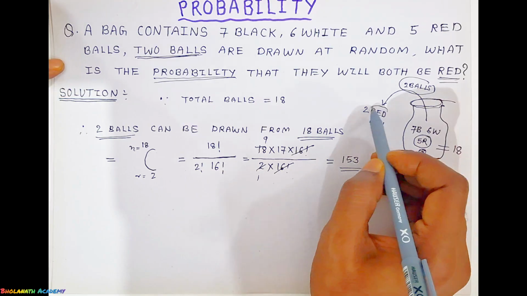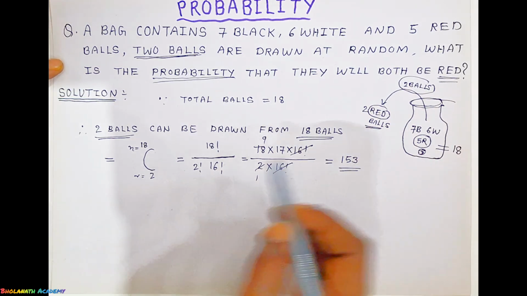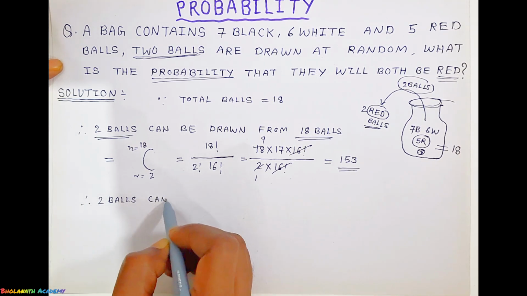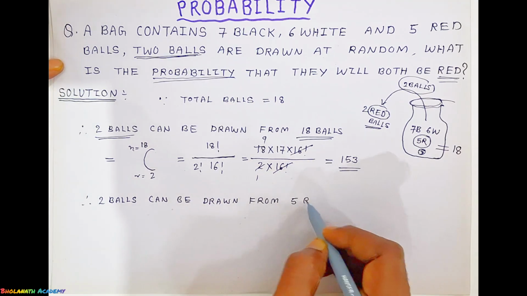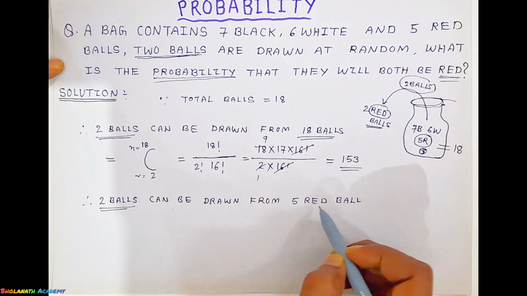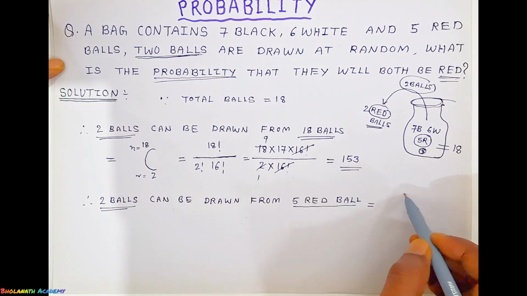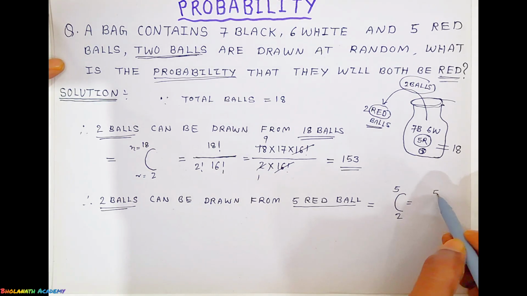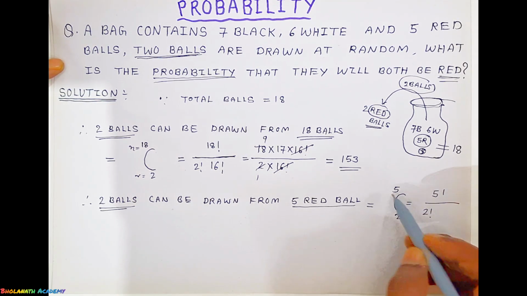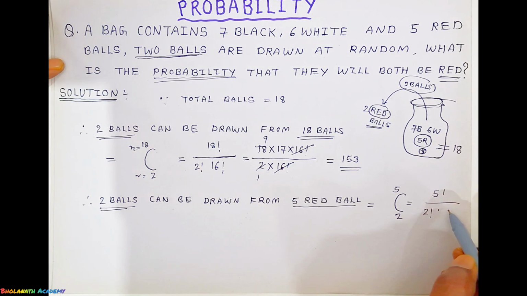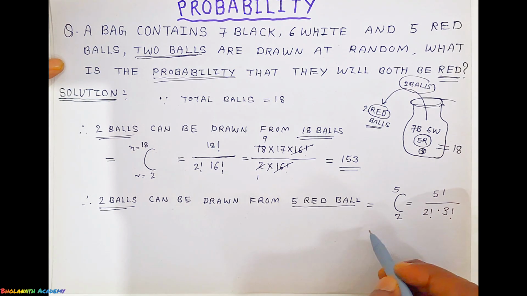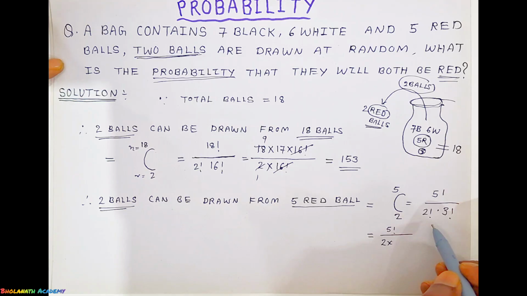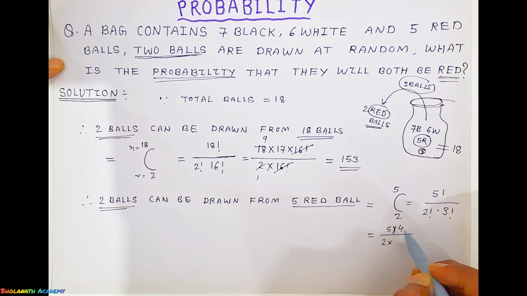Now those 2 balls should be red balls. So 2 balls from 5 red balls, how many ways can you draw? You write the combination: 2 balls out of a total of 5 balls, that is 5 factorial over 2 factorial into 5 minus 2, that is 3 factorial. 5 factorial can be written as 5 into 4 into 3 factorial.